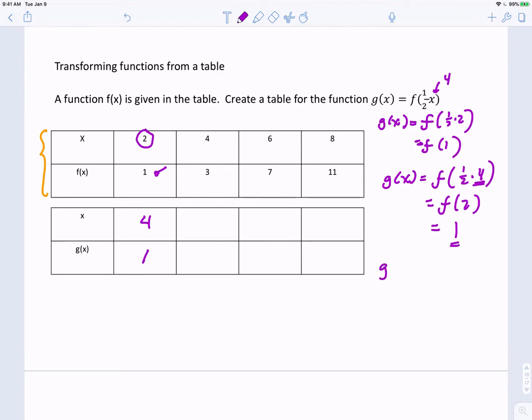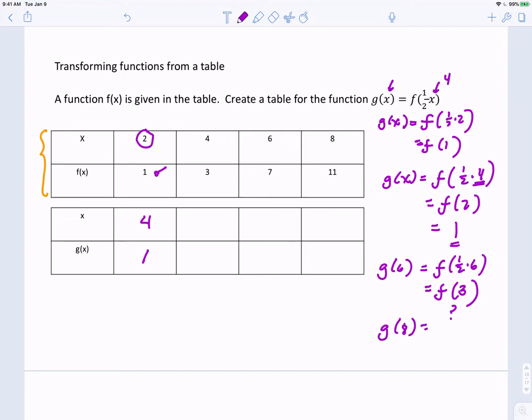What would g of 6 be equal to? Well, if we put in a 6 for x, that would be f of 1/2 times 6, or in other words, f of 3. Notice in our original table, we don't know what f of 3 is, so we won't be able to find g of 6. Let's see if we can find g of 8.